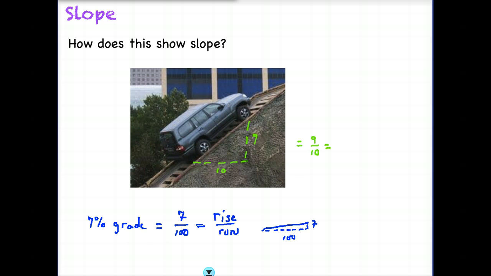Times 10 over 10 to convert it to a percent, and we would get 90 over 100. That would be a very steep incline. That would be a 90% incline. Now again, I just roughly put some numbers here. We don't know if that's what it really is, but that's how slope is represented in real life.